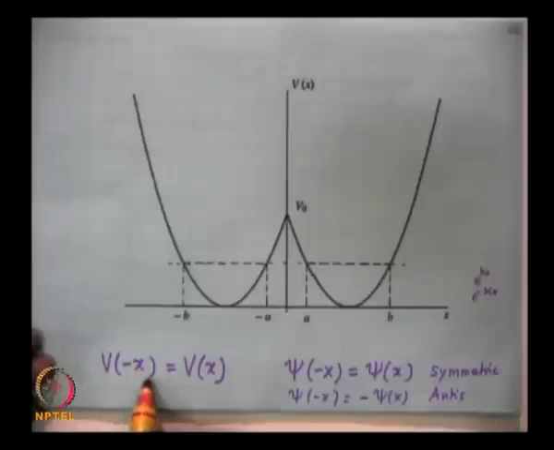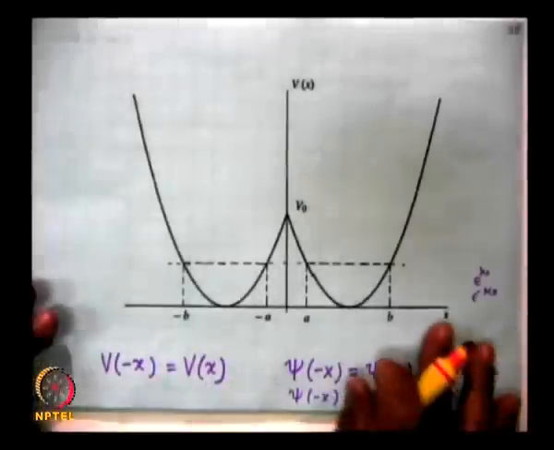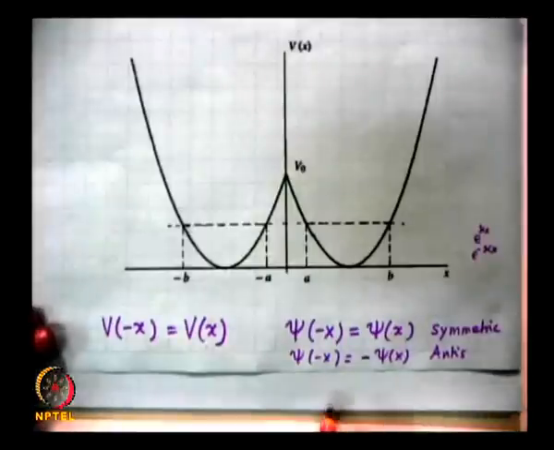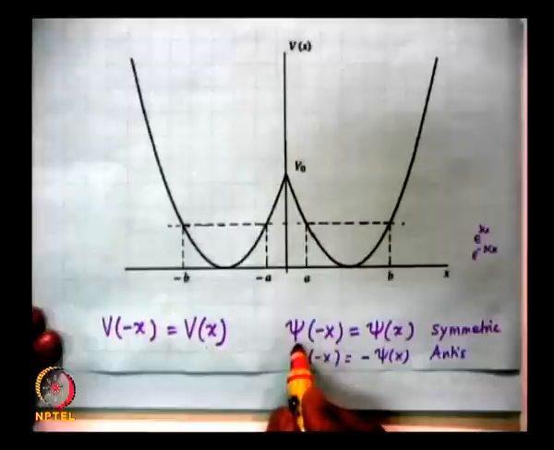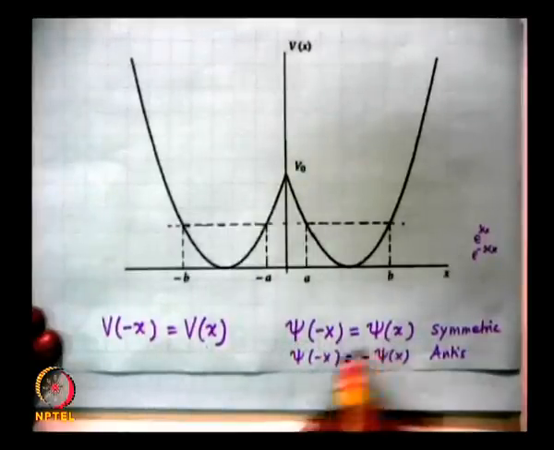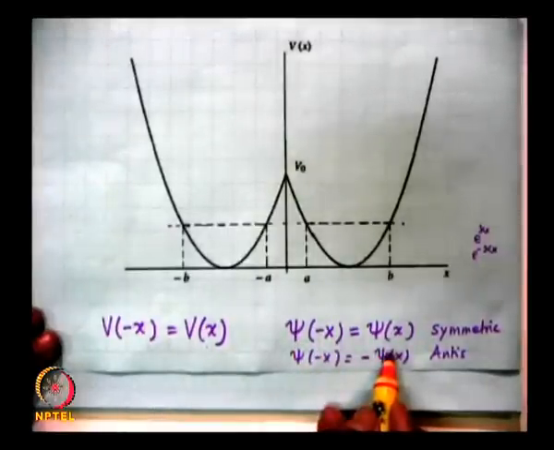We will choose, for the sake of simplicity, a symmetric double well potential, so that V of minus x is equal to V of x. And as we tried to explain at the end of our last lecture, the wave functions for such a case are either symmetric functions of x or anti-symmetric functions of x.